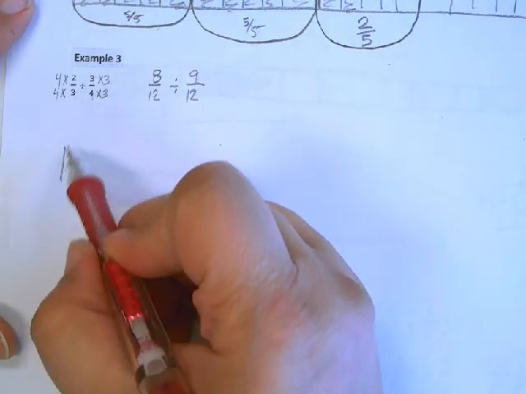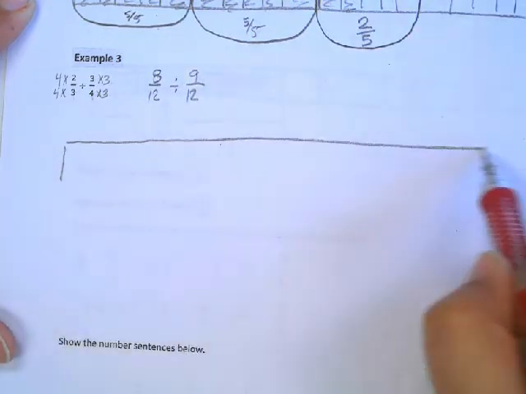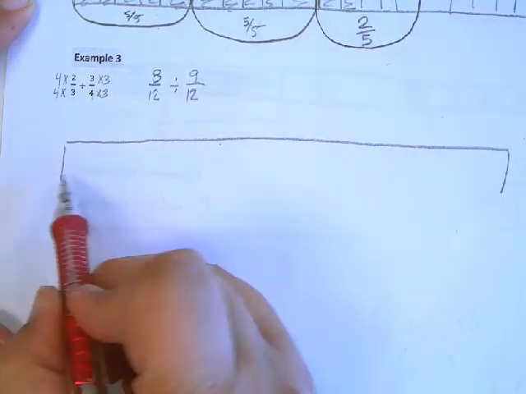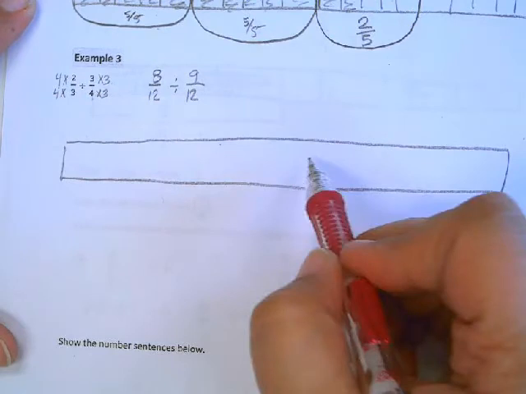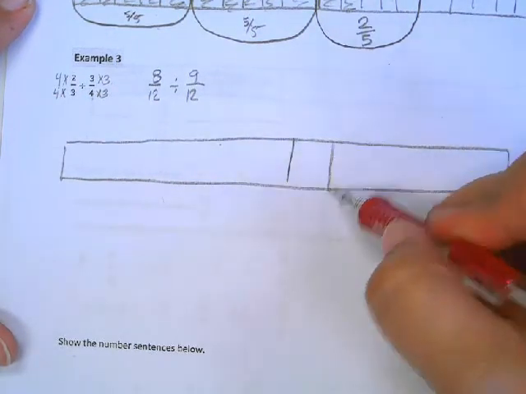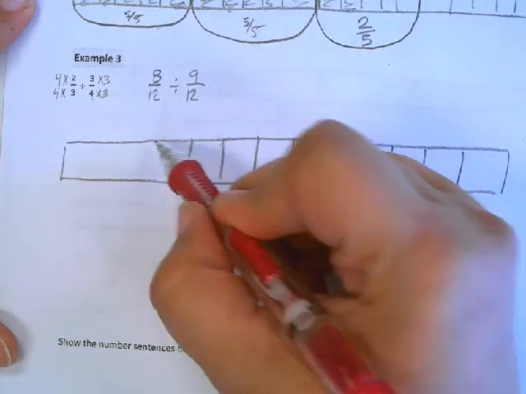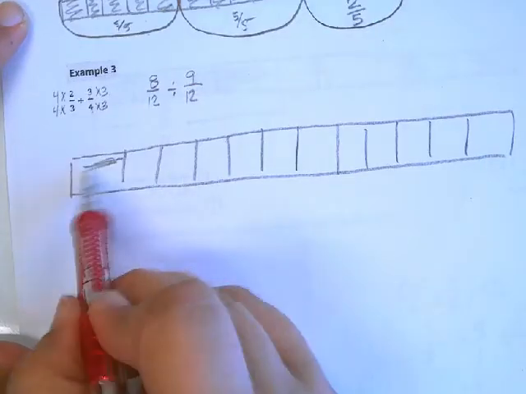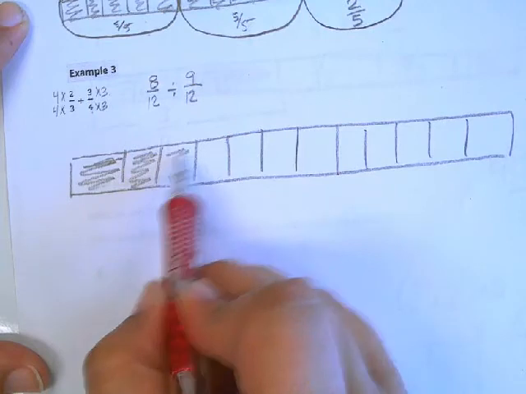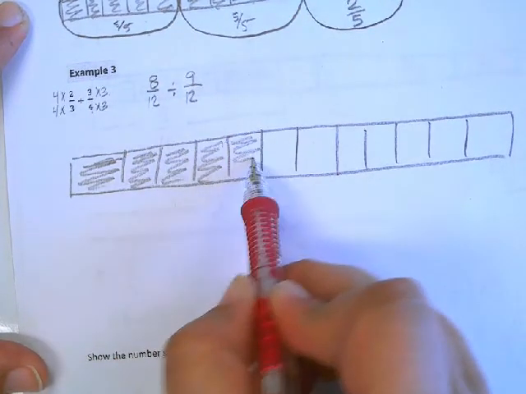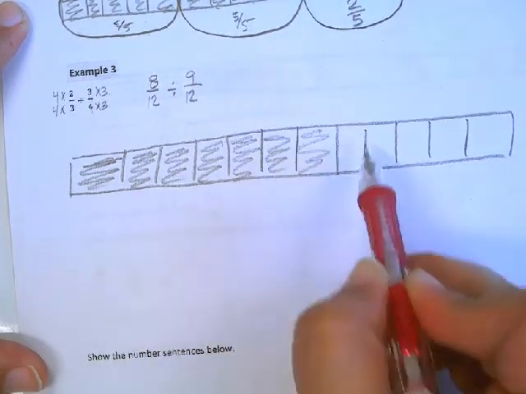So the first thing I'm going to do is represent my 8/12. One, 2, 3, 4, 5, 6, 7, 8.